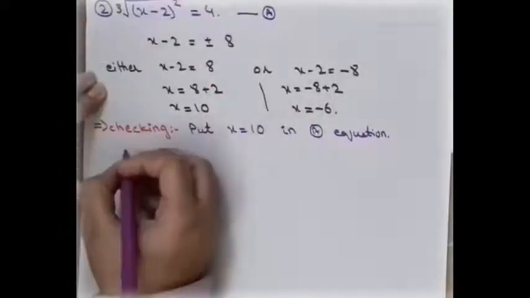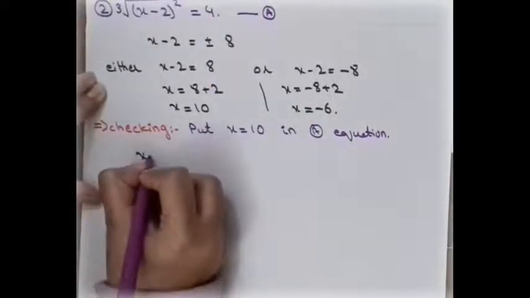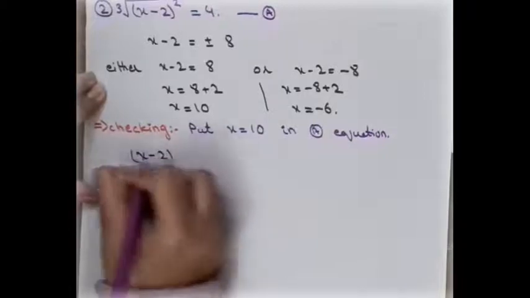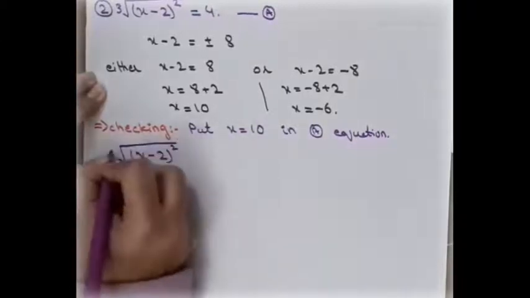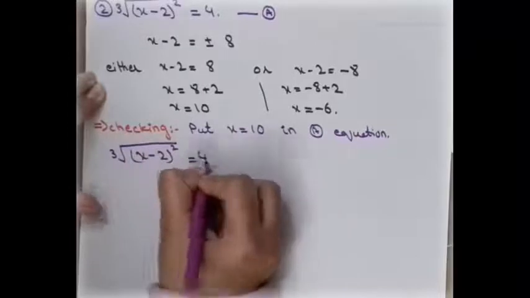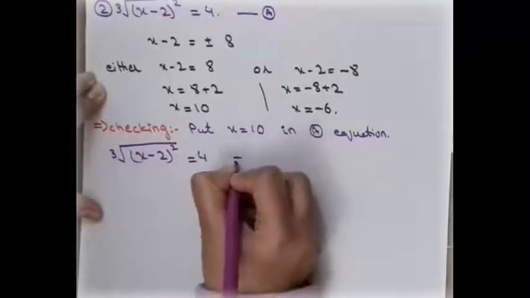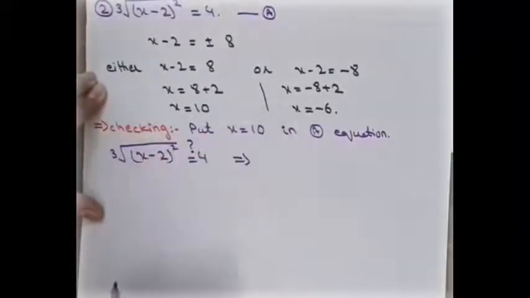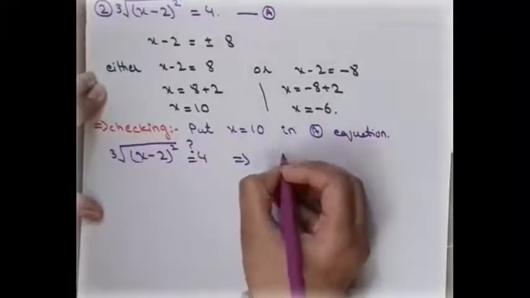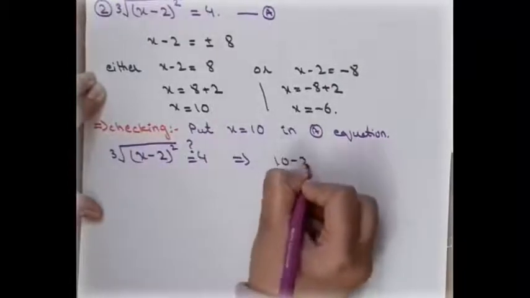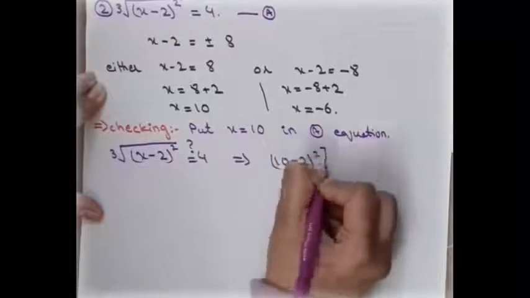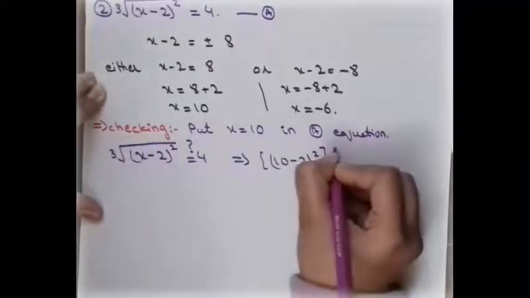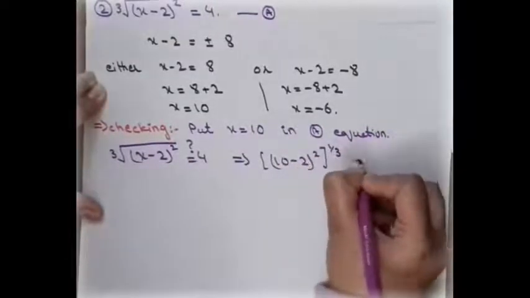Put this value in this equation. So we have (x minus 2) square under root cube which is equal to 4, and here the value of x is 10. Basically we check whether this equality holds or not. So 10 minus 2 square, and we can write under root cube in this form, and 4.